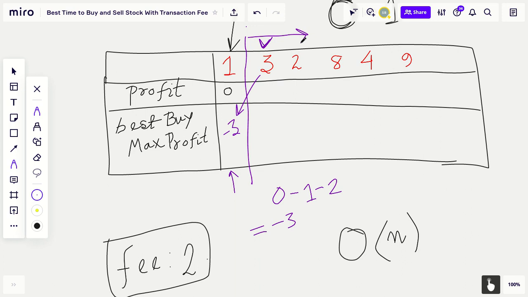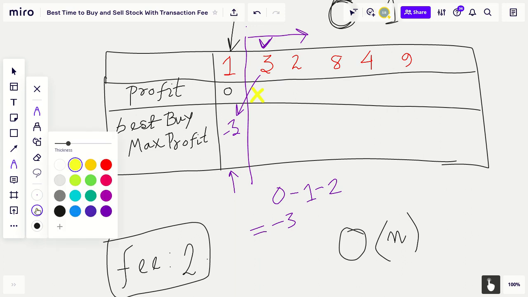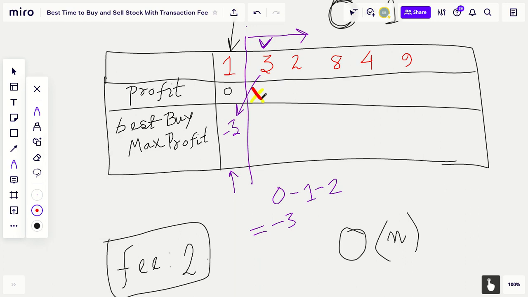That is why you are adding with the best buy max profit. Whenever you are selling the stock, money is coming back to your pocket. That is why we are adding this. So let's simply put a plus sign over here. And so 3 minus 3 gives you 0, right?